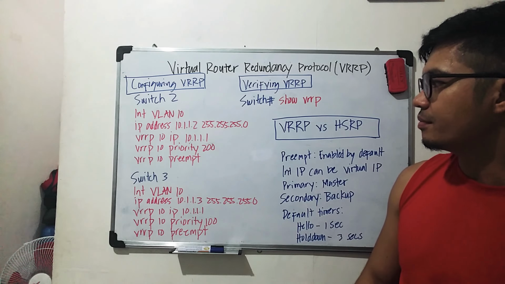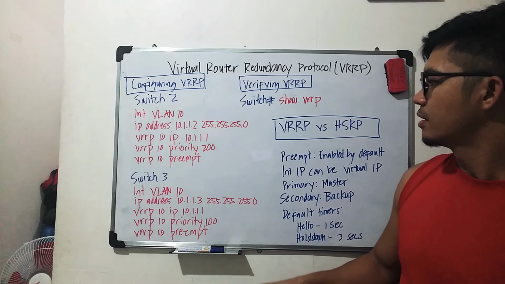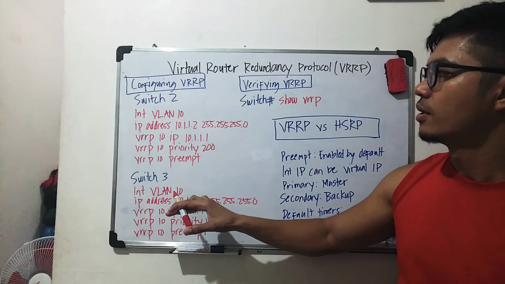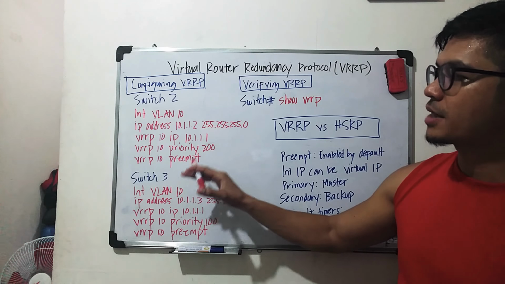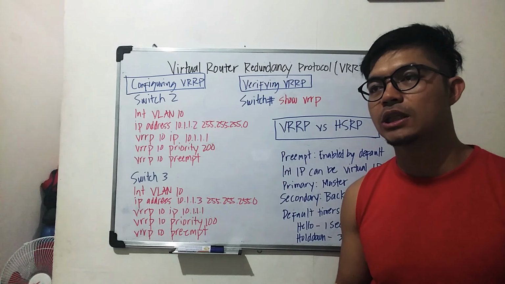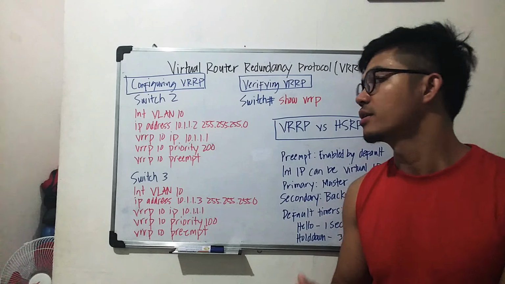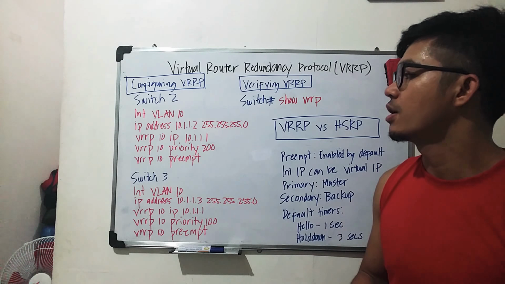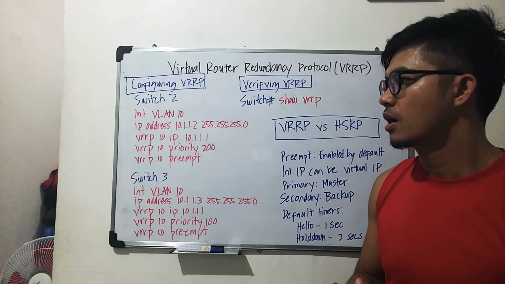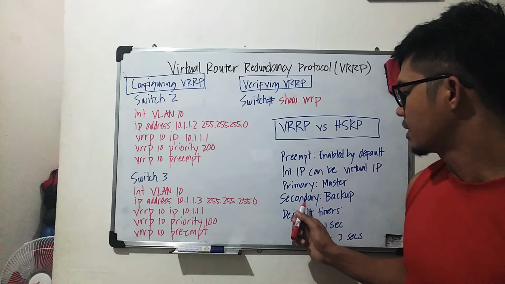I'm gonna talk about this a little later. In HSRP, you say active router or active switch and the standby switch. But in VRRP, they are actually called master and backup routers, as you can see here.